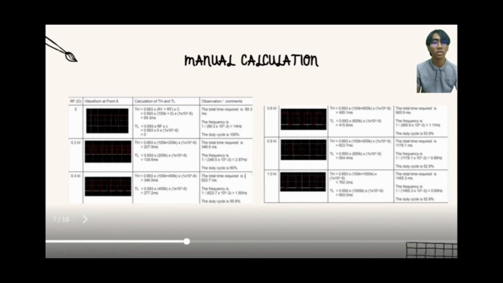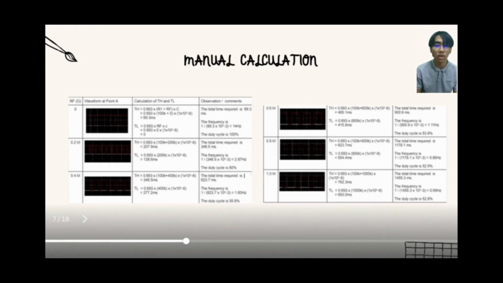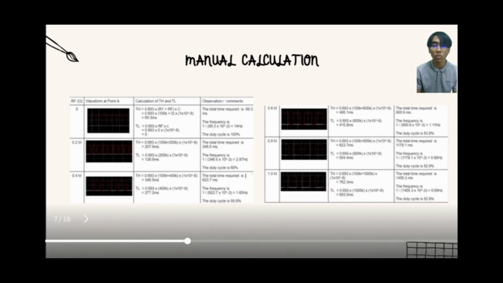Other than that, when the resistance increases from 0 to 1 megaohm, the frequency and the duty cycle decrease. For the 0 ohm, the frequency is 14 Hz and the duty cycle is 100%. While at the 1 megaohm, the frequency is 0.69 Hz and the duty cycle is 52.8%.